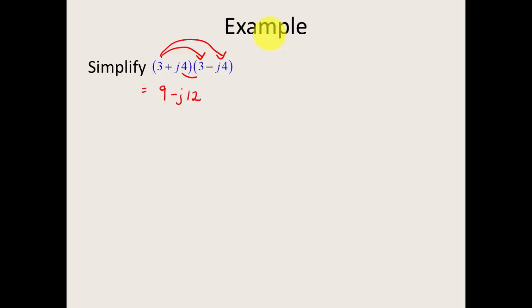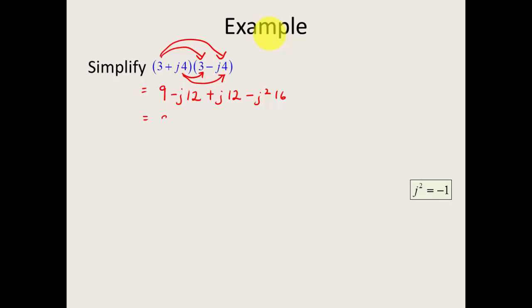Next, I take j4 times 3. So I have plus j, 4 times 3, 12. And finally, this. j4 times negative j4 will give me negative j times j, j squared, 4 times 4, 16. Again, we know j squared is negative 1.